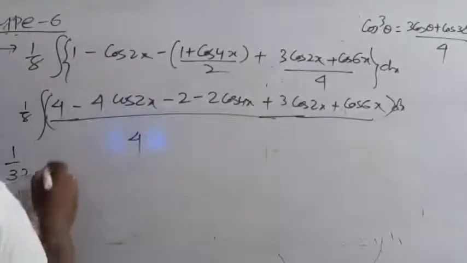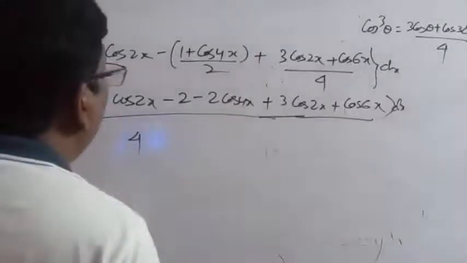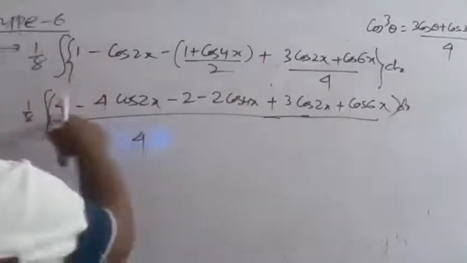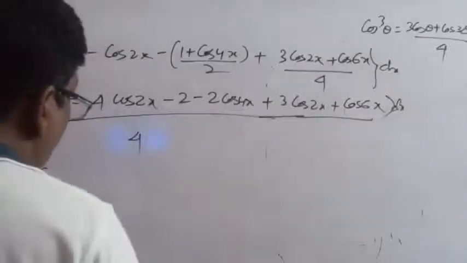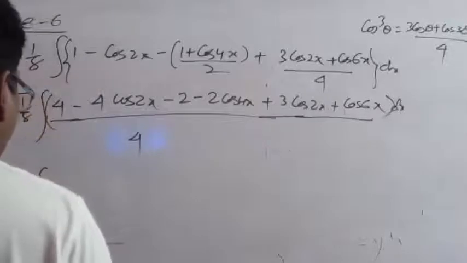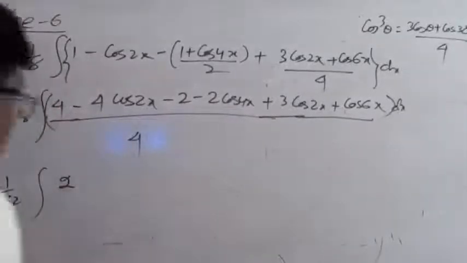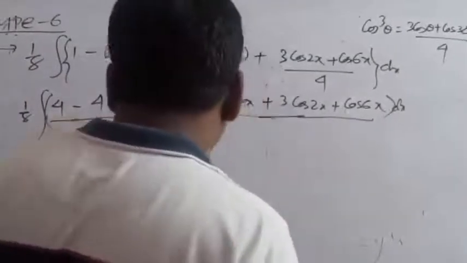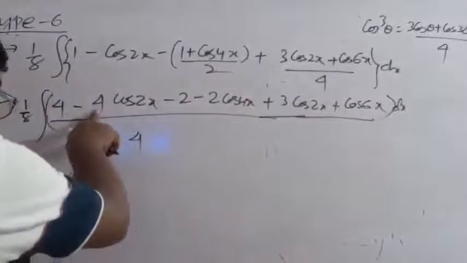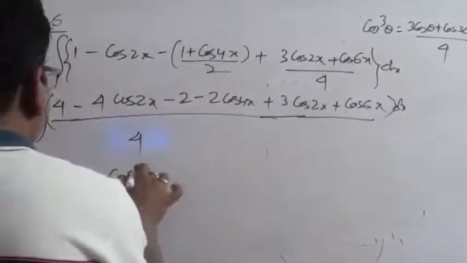And this is equal to 1 by 32 integration of 4, and this is 2. 4 minus 2 is equal to 2, and minus 4 cos 2x plus 3 cos 2x, so minus cos 2x.